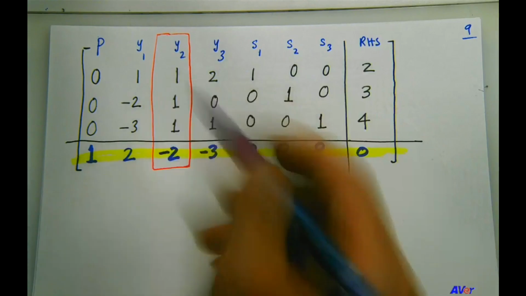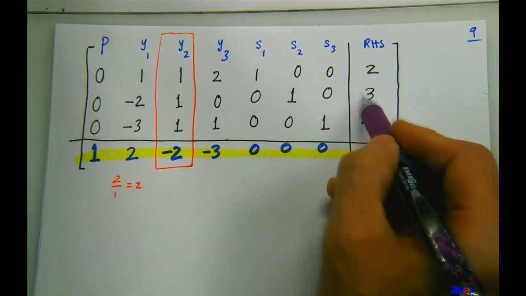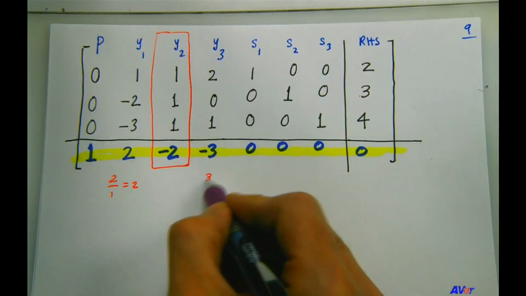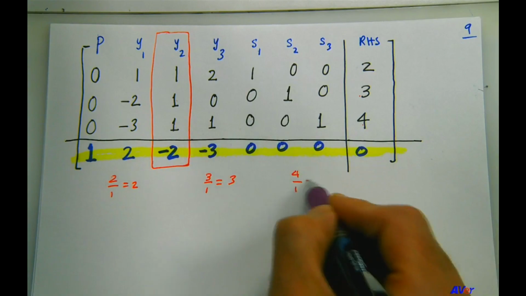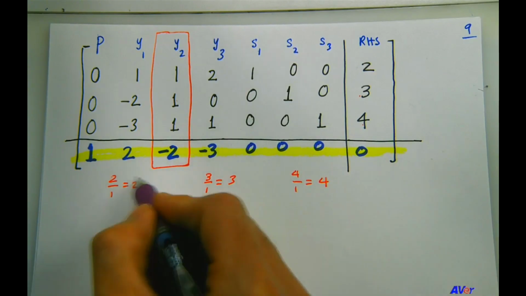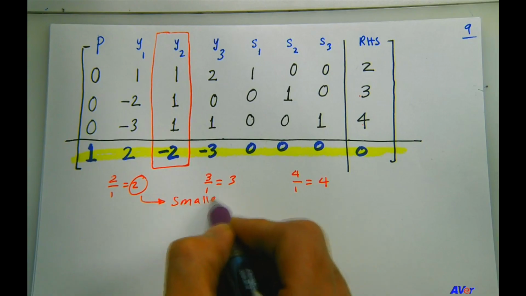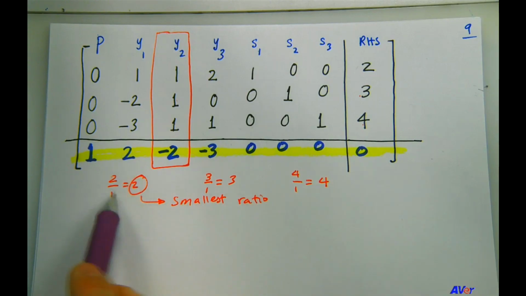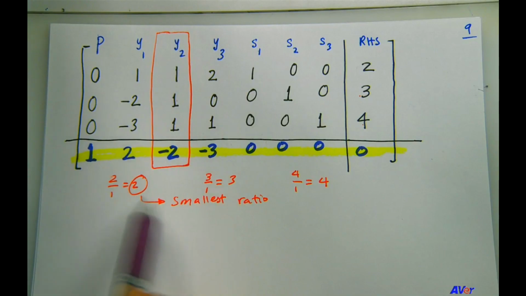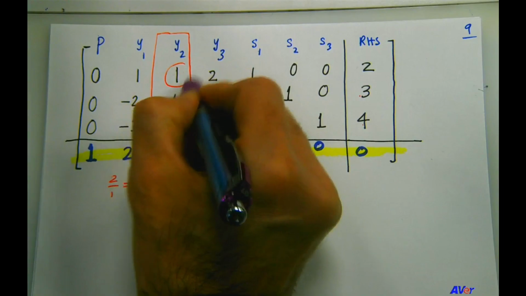So 2 divided by 1, 3 divided by 1, and of course 4 divided by 1. So clearly this is our smallest ratio. The one from which this smallest ratio came will become our pivot element.